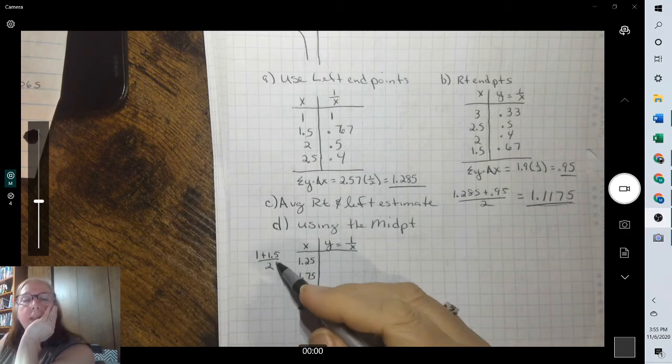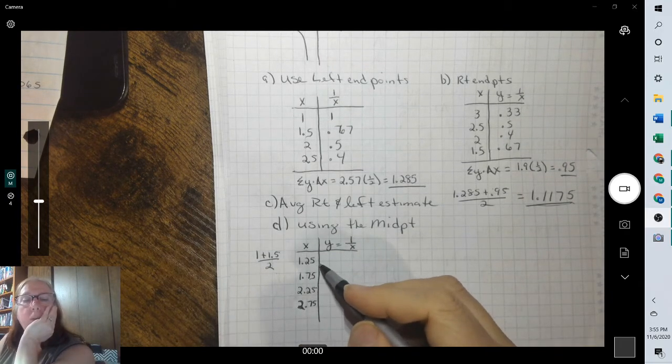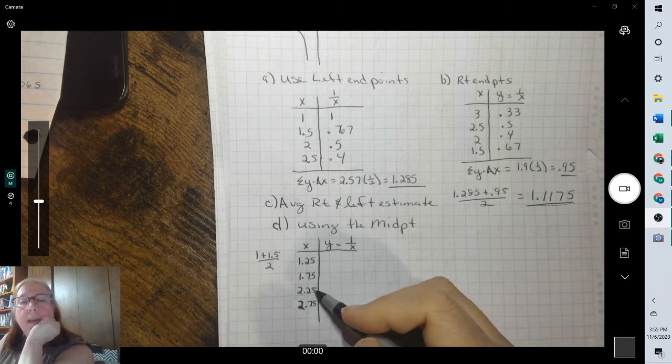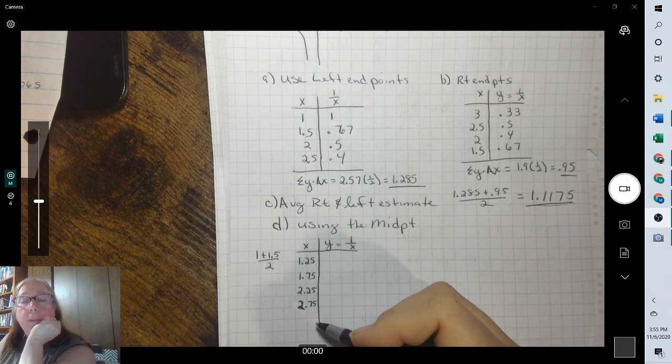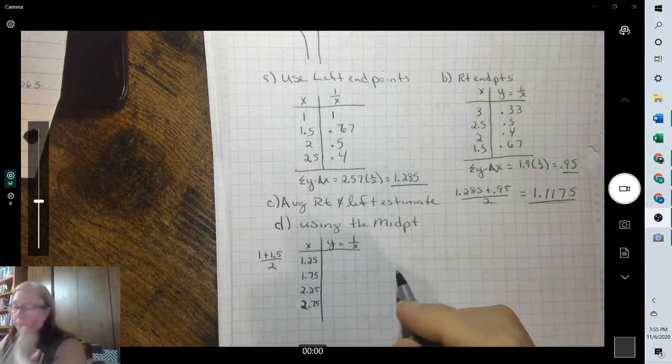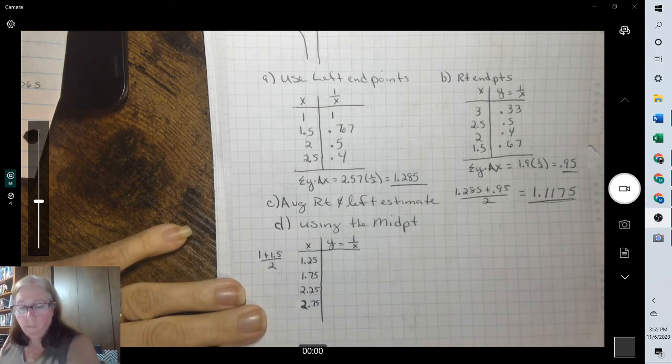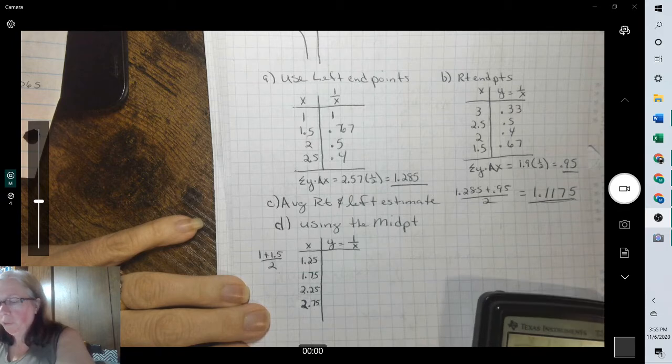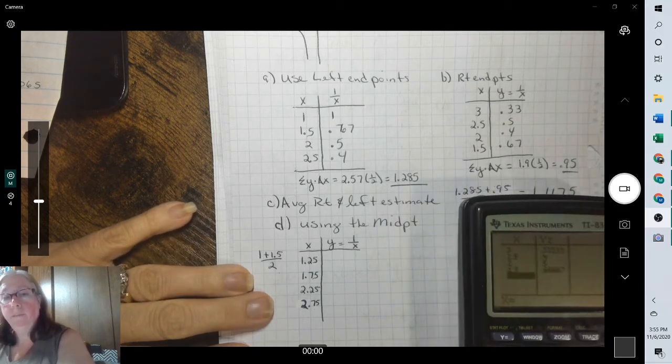So I added these and divided by 2, and I got 1 1/4. And then I kept adding a half. And I stopped here because 1, 2, 3, 4, I want 4. It doesn't have to be 4, it's just a number I was choosing. It just works out nice. The more you have, the more accurate it is.